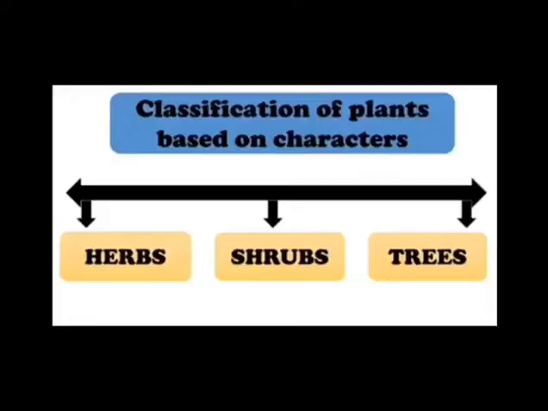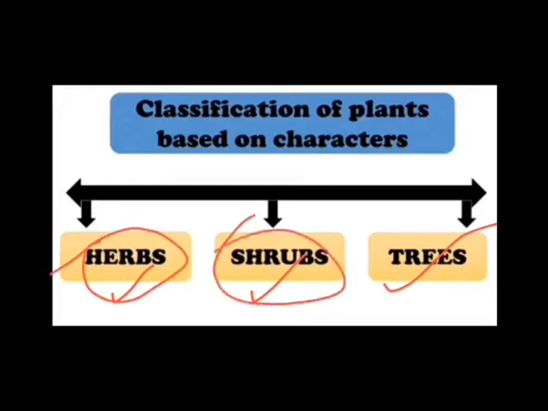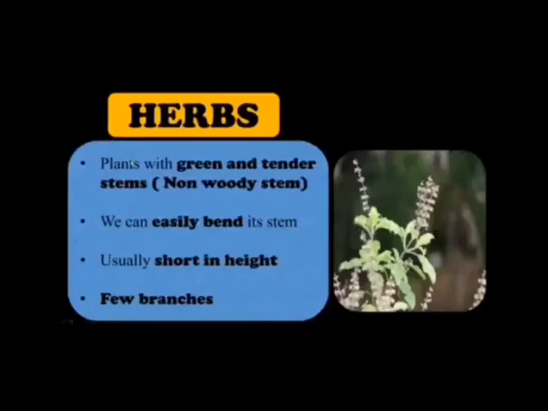So based on characters, plants are classified as herbs, shrubs, and trees. So first of all we will discuss herbs, then we will discuss shrubs, and after that we will discuss the trees. Right? So what are herbs?